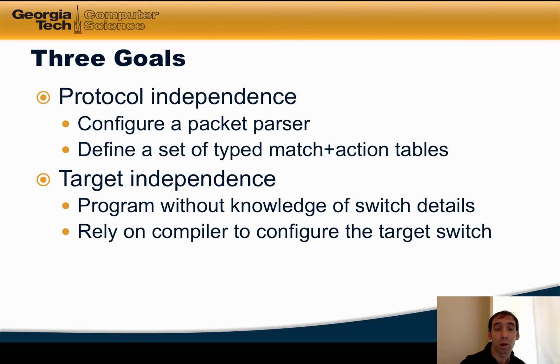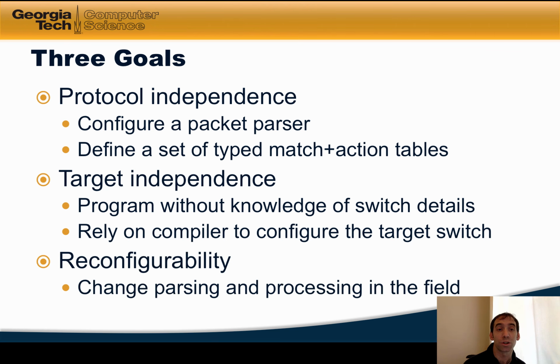The language essentially relies on a compiler to configure the target switch. The compiler can take this high-level description of the packet processing and compile it to the switch in different ways, depending on the physical capabilities or limitations of the switch. Finally, there should be some support for reconfiguration in the field to change parsing and processing without redeploying new hardware.